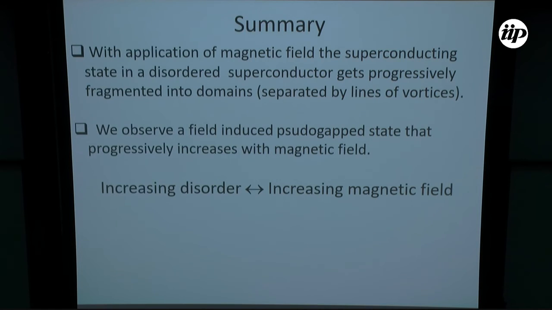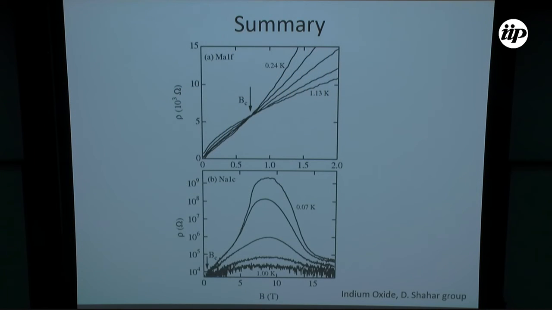This is not such a new thing. There are people who know this from transport measurement. For example, there are many groups who have this kind of data. This is from Dan Shahar's group, where you take an indium oxide film, and what you see is that this film is superconducting in zero field, but as you apply field, it becomes insulating here.